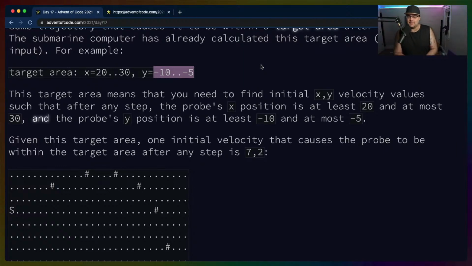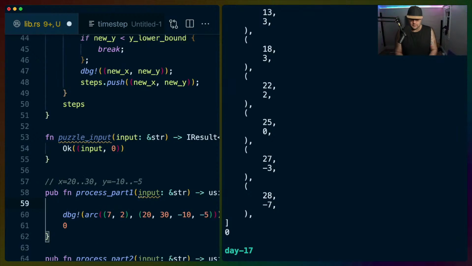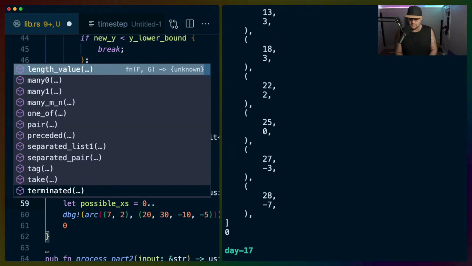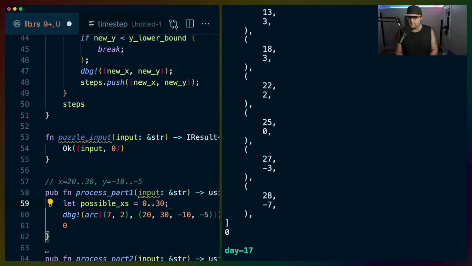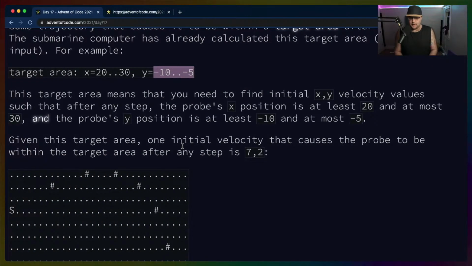Whereas our Y velocity goes up and then down, so it can be negative 10 at some point. So if we get a range from 0 to, I guess, 31, right? Because we want 30.